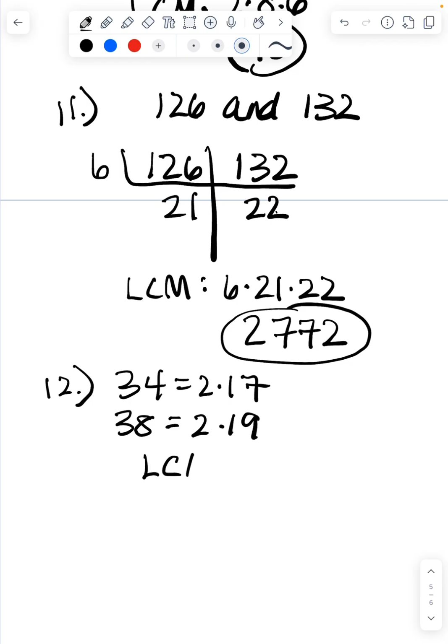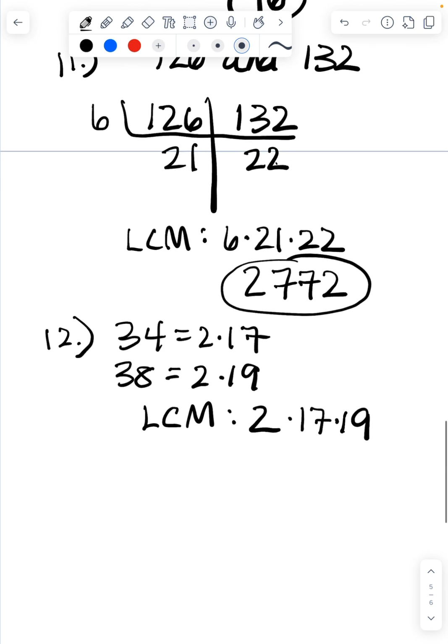An LCM is found by taking the highest amount of each of the factors that are there. So I see a 2 in both of them. The highest amount in both of them is a single 2. I see a 17 showing up one time and a 19 showing up one time. So my LCM is going to be 2 times 17 times 19, which is 646.